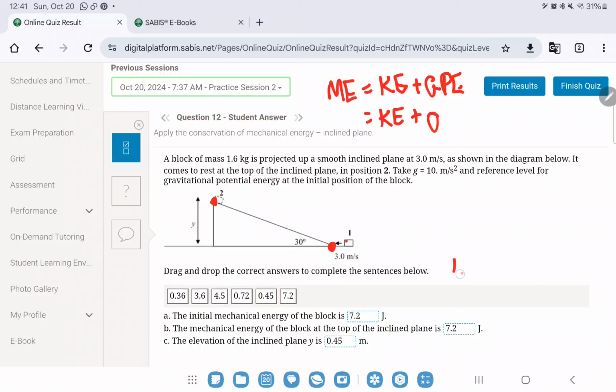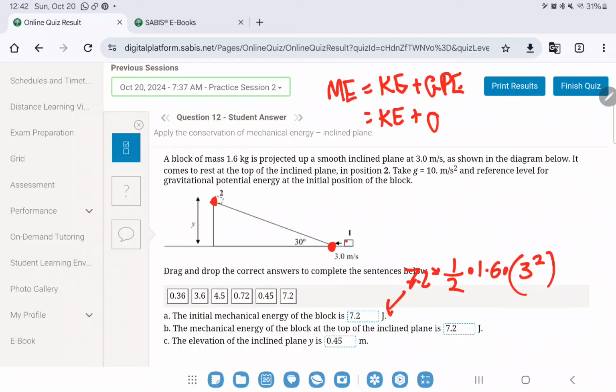That's half the mass, 1.6, times v squared, which is 3 squared: 0.5 times 1.6 times 9 is 7.2. That's how you find the answer to the first part.